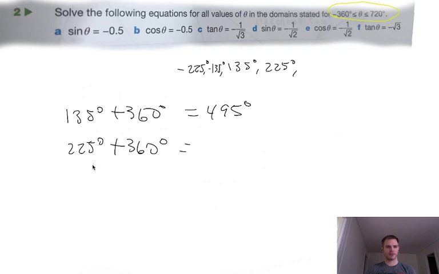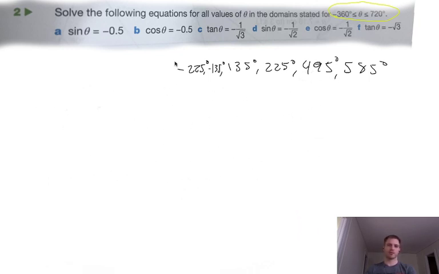And 585. And then if we added 360 to either of those angles, we would be outside the 720 upper bound. So these are our solutions for E.